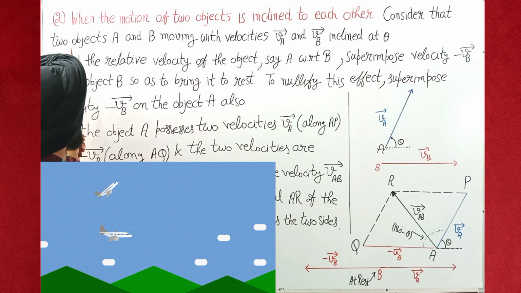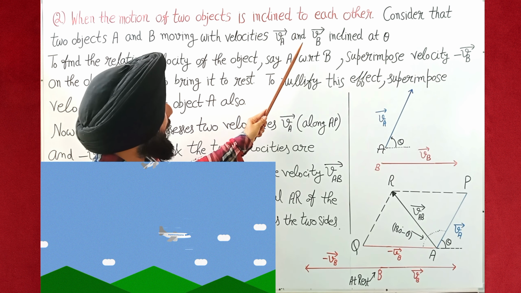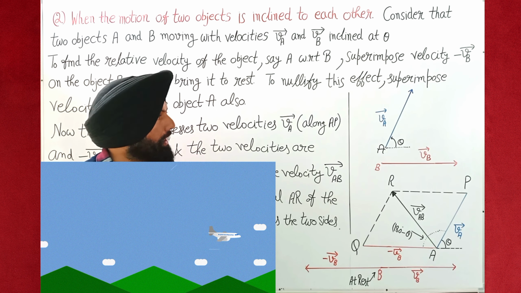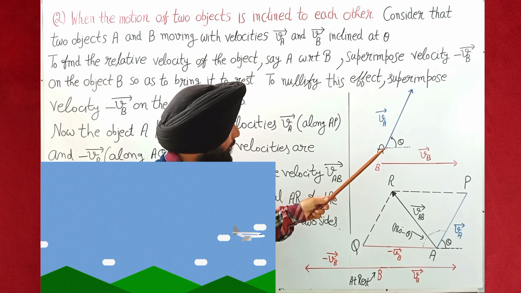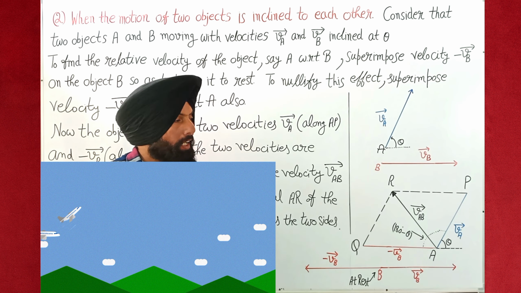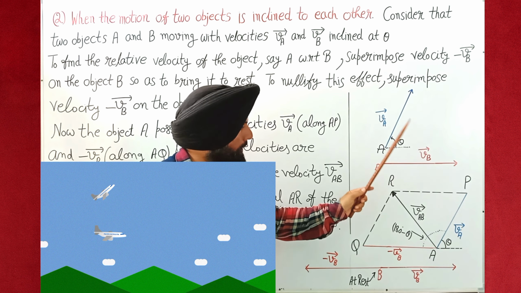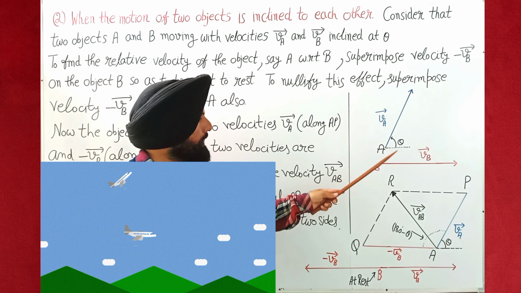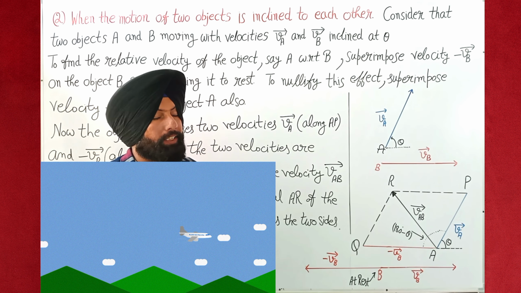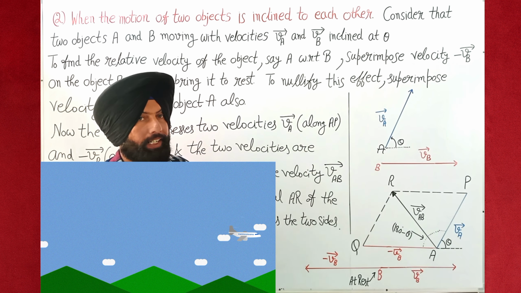Consider that two objects A and B are moving with velocities VA and VB vectors inclined at theta. Here look at the diagram. Object A is moving with velocity VA vector and object B is moving with velocity VB vector, and they are inclined at angle theta. Means the angle between both of the moving objects is theta.